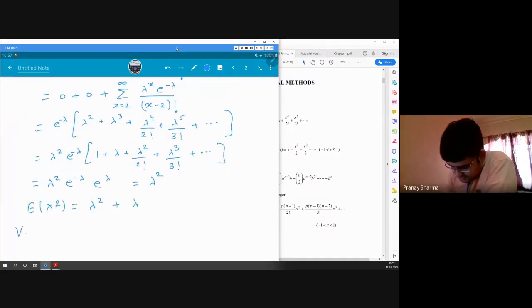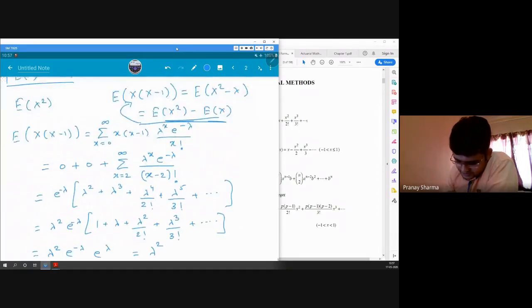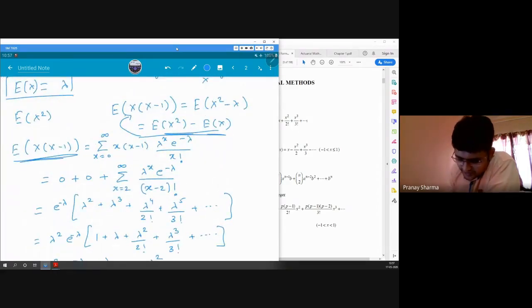Now our variance. We found this, instead of finding expected value of x square, just because it's easier to cancel out x and x minus 1 from x factorial. If we had x square, it would not have been easy to solve this particular portion. It would have been difficult.